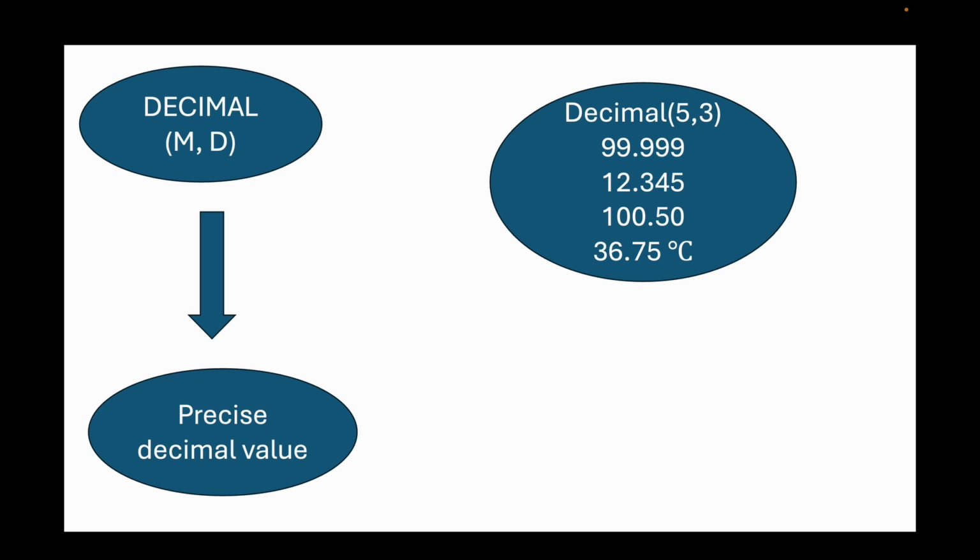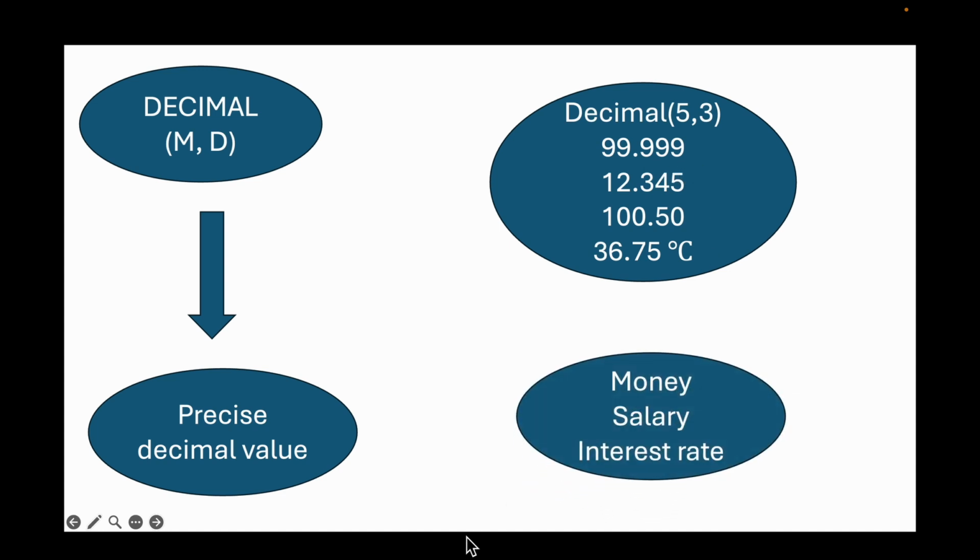M shows the maximum digits that you can have as valid value, and d shows the maximum digits after decimal point. Here we can see that we use decimal data type for exact calculations like money transactions, like salary or interest rate, the exact amount you need to pay monthly.